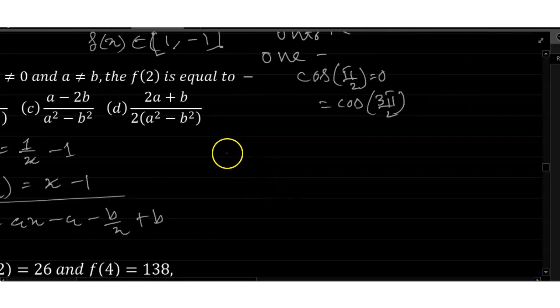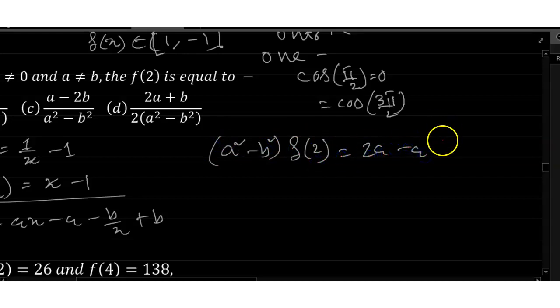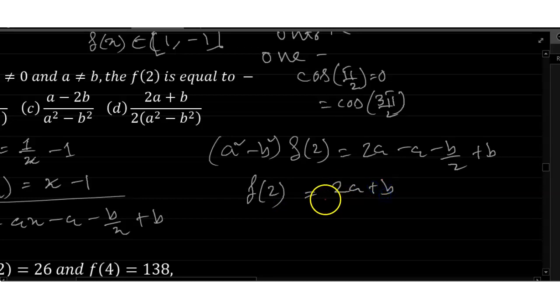So friends, we get a square minus b square, if (2a minus a minus b) by 2 plus b equals a, (2a plus b) divided by 2, a square minus b square.